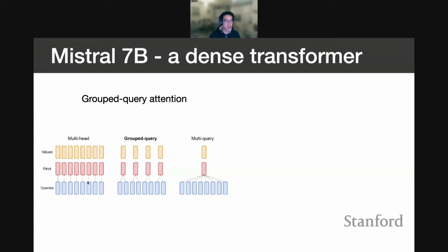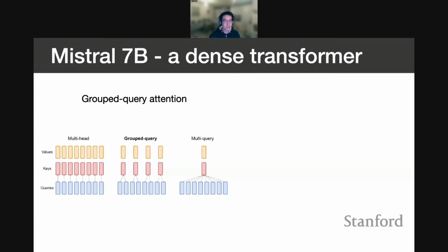For multi-head attention, you have the same number of keys, queries, and values. For multi-query attention, you have a lot of queries and just one key and one value.